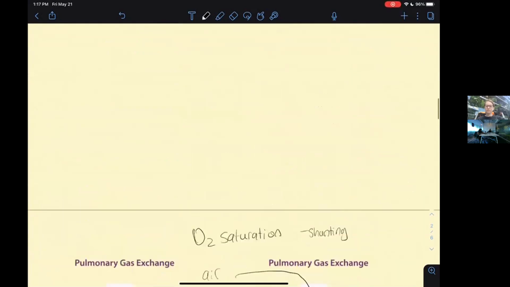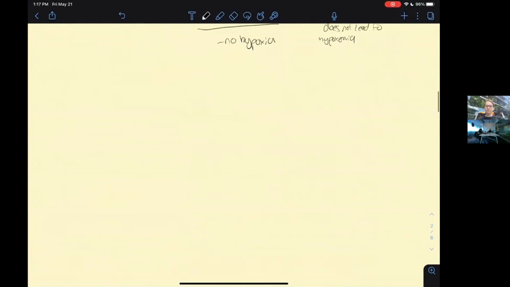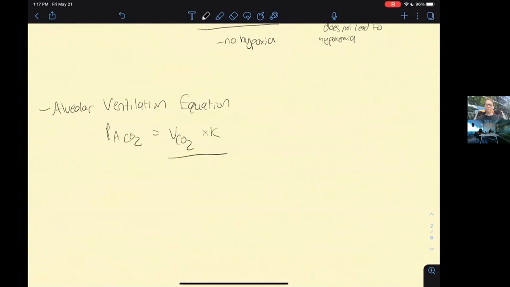Okay, I skipped something. Just thinking about the alveolar ventilation equation: if we want to figure out what the alveolar CO2 is, it's dependent on how much CO2 is being produced, which is your VCO2, times some constant, over your normal ventilation minus your dead space, right?